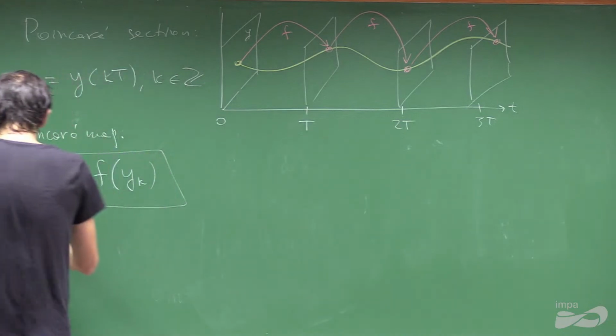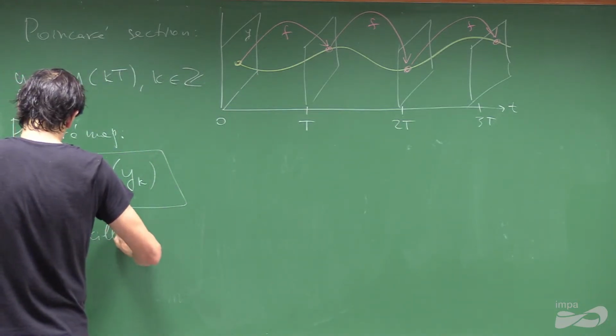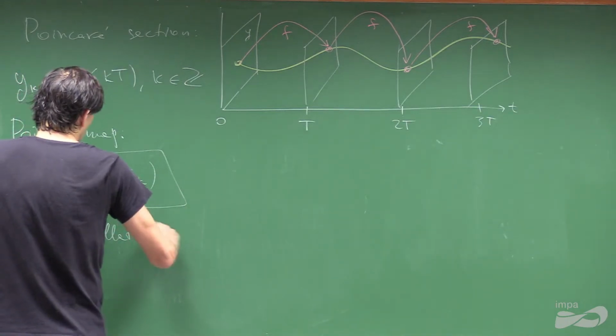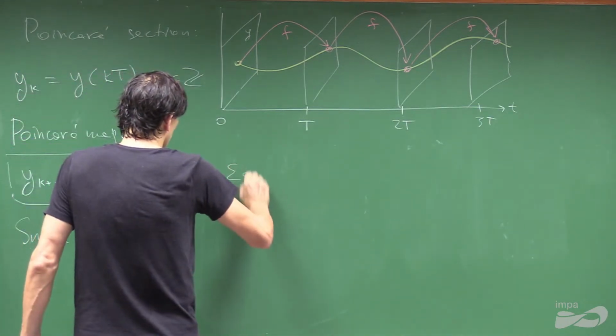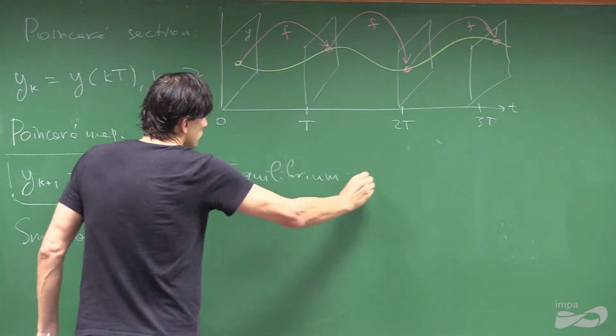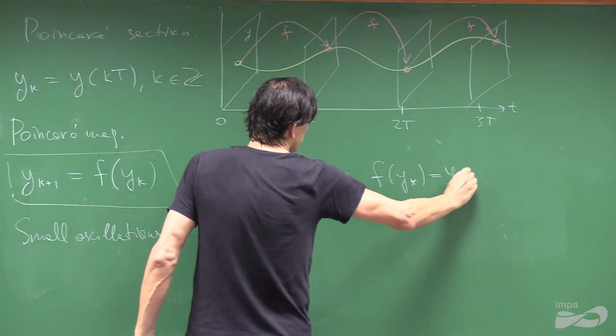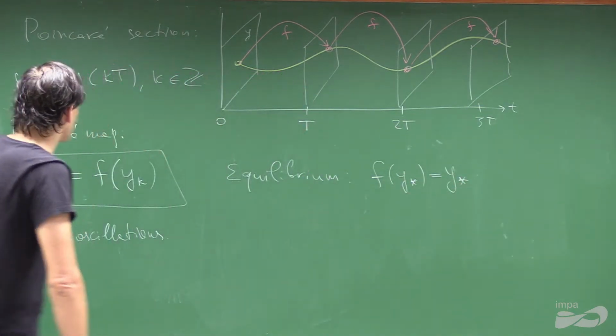So consider small oscillations. First of all, the equilibrium condition is that after a period the point does not change, right? So this is the equilibrium condition.